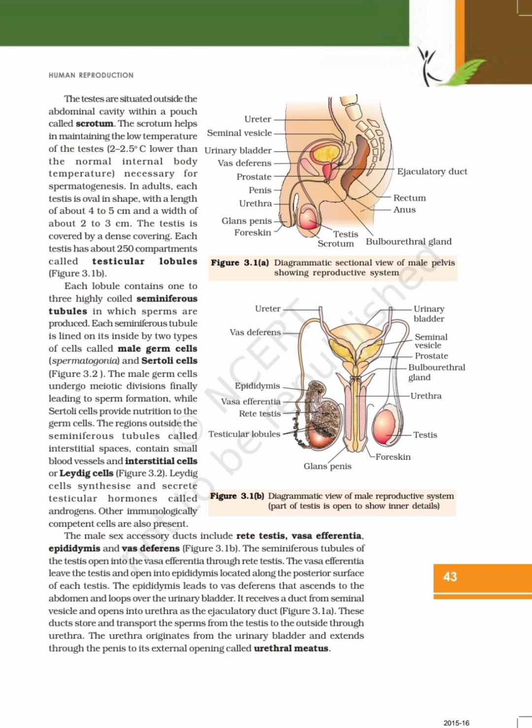After this we have the accessory ducts, the male sex accessory ducts. These include the vasa efferentia, rete testis, epididymis and vas deferens. Inside the testes, the seminiferous tubules open into the vasa efferentia through the rete testis.